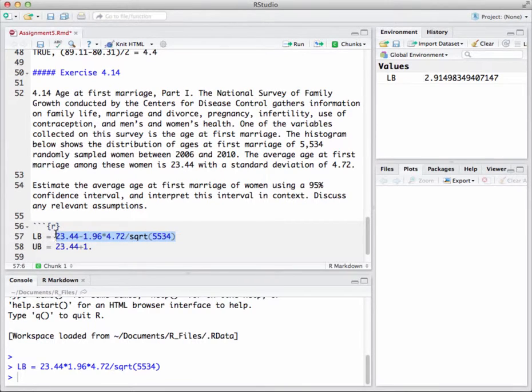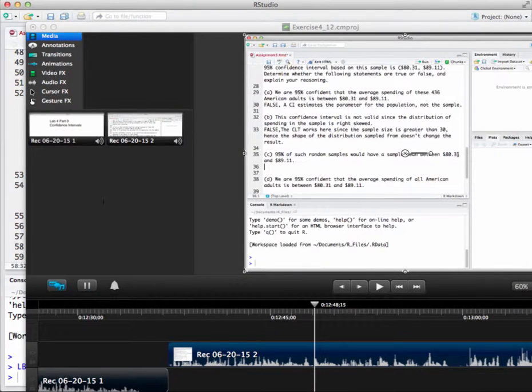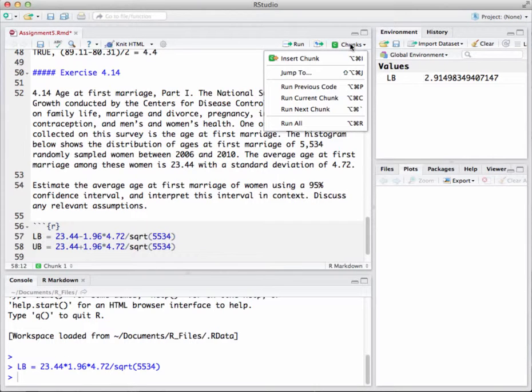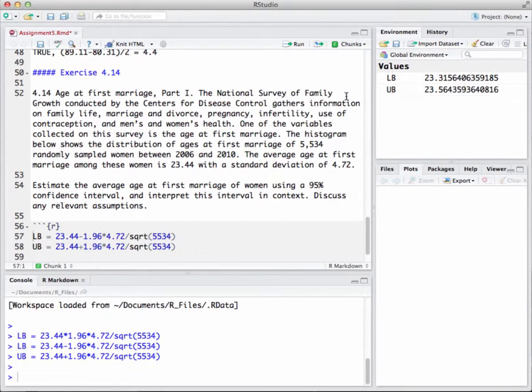Just come up here, copy that, paste it down here, and instead of having a subtraction there, put a plus in. Okay, and you should be good to go. Let's go ahead and run that chunk. And we got an upper bound. Now if we look up in our values, looks like the numbers are really good.